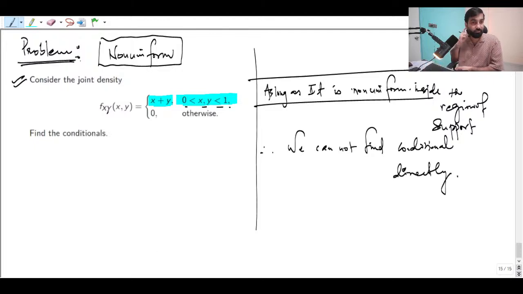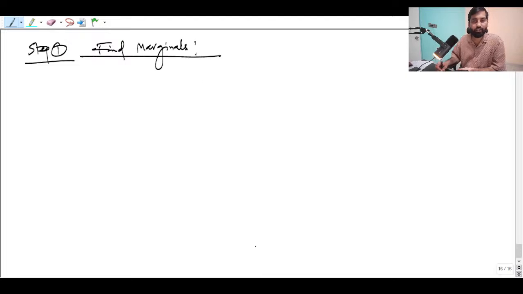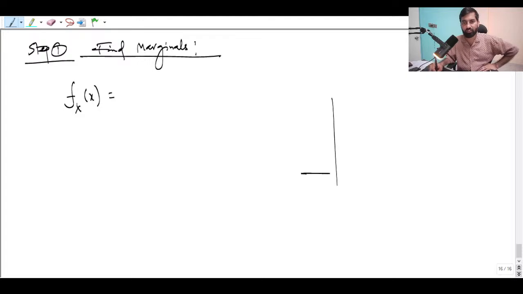Okay, what is the first step, guys? Step number 1 is find marginals. Find marginals first. So for f of x, if you want to find the marginal density function for x, you have to run the integration over y, and you can draw the region of support as well.